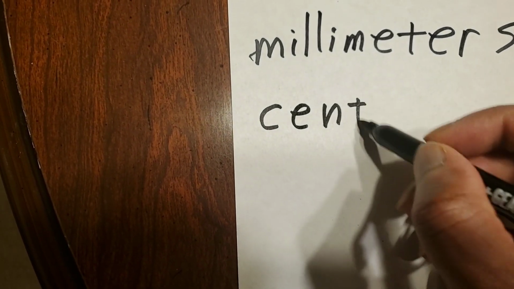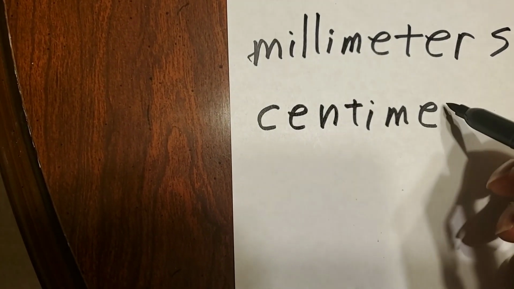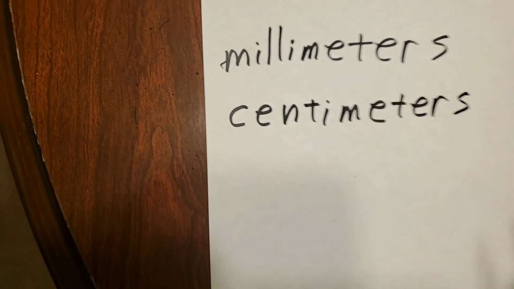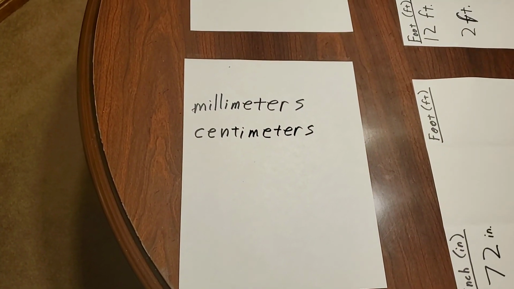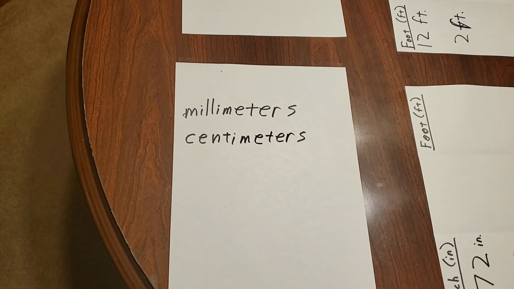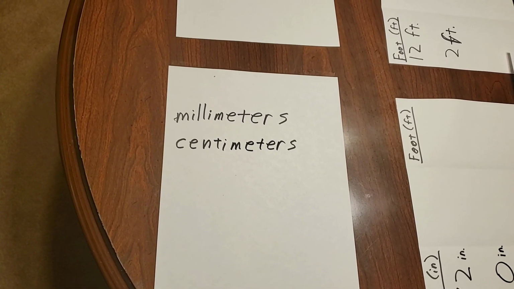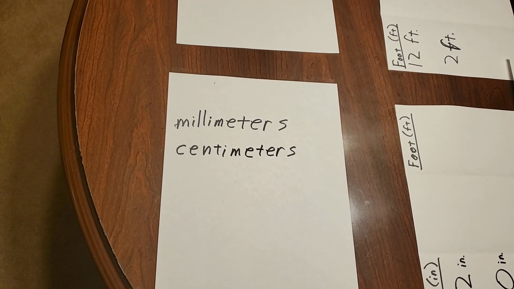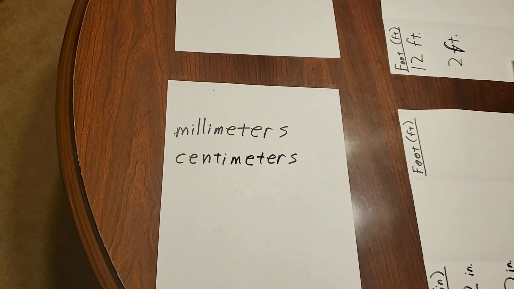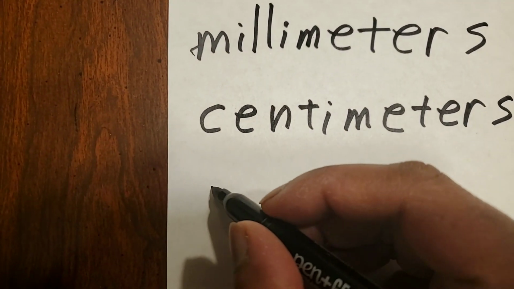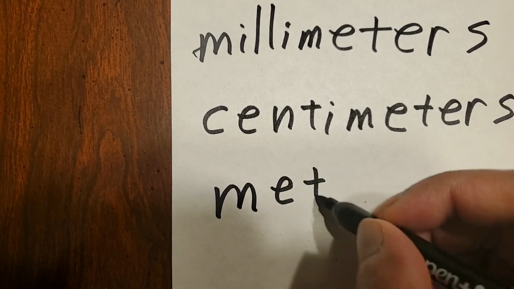If you said centimeters, you are correct. There's one more unit that's bigger than a centimeter, much bigger. If I take 100 of these and put them together, that would make, if you said meters, you guessed correct.